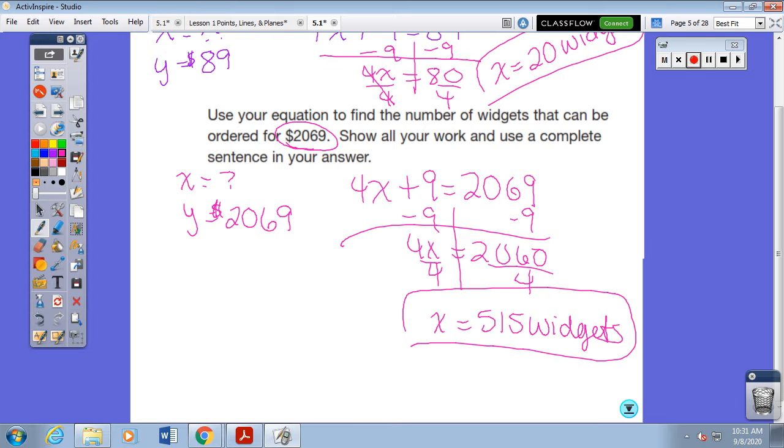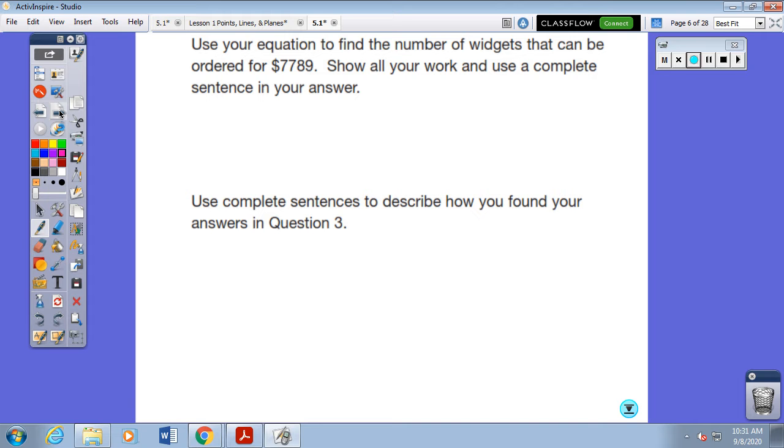Okay. We're going to keep working through these. Use your equation to find the total number of widgets you can order with $7,789. The dollars goes here, 7789. That means we're looking for x. So 4x plus 9 is equal to 7,789.